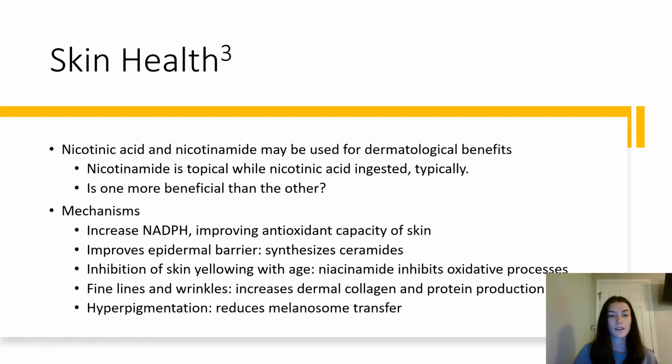It also inhibits the yellowing of skin as we age by inhibiting the oxidative processes of the skin. It decreases the risk of fine lines and wrinkles by increasing dermal collagen and protein production. And it also decreases hyperpigmentation risks by reducing melanosome transfer.